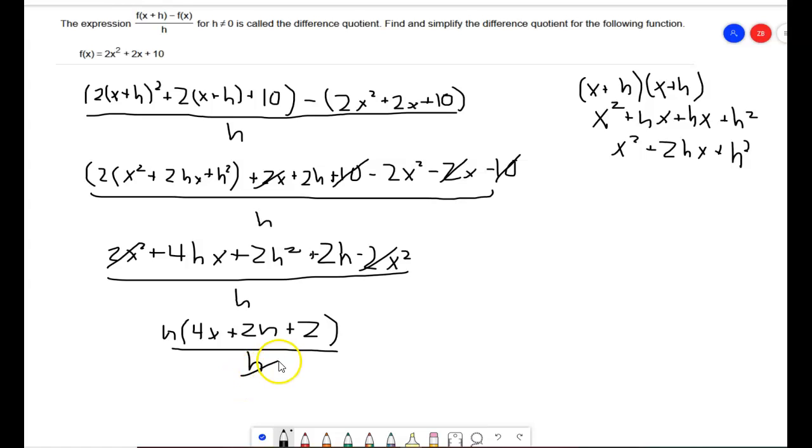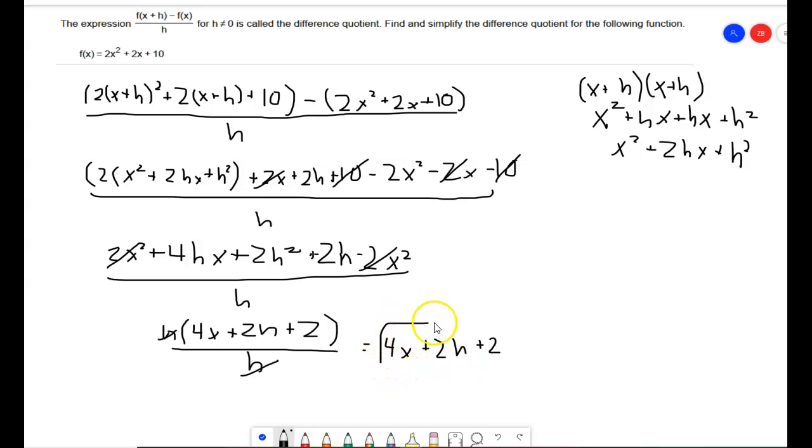Now I have an h on the bottom and an h on the top that I can cancel. My final answer should be 4x plus 2h plus 2. And that's about as far as we can go with it. There's nothing else that cancels out, and we're done.